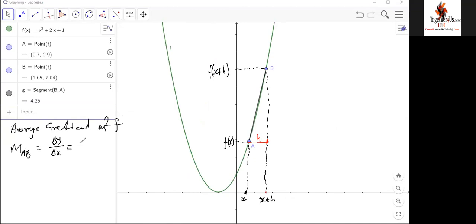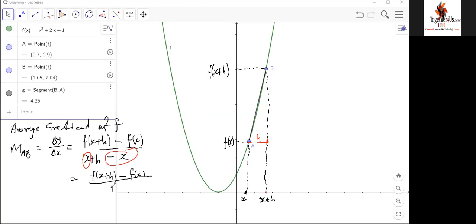And this is f of x plus h minus f of x, that's the change in y, the vertical change, okay, divided by x plus h minus x. Now, you notice that when we simplify, this x takes care of that. Those are like terms, right? So we are left with f of x plus h minus f of x over h.